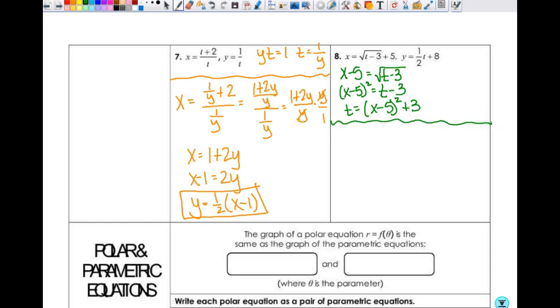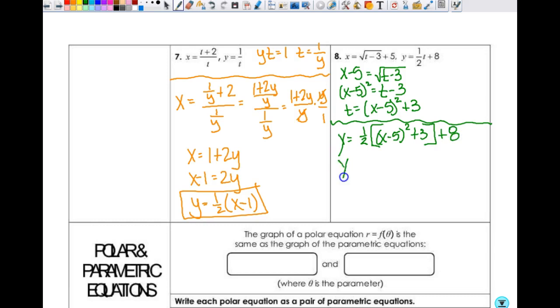Now, I have a domain restriction, right? They didn't give me anything about t, but I know from up here that there is something. So we'll come back to that, but we do have to look at it. So then I'm going to take this, substitute it in here. So y is equal to 1/2 times (x minus 5) squared plus 3, plus 8.